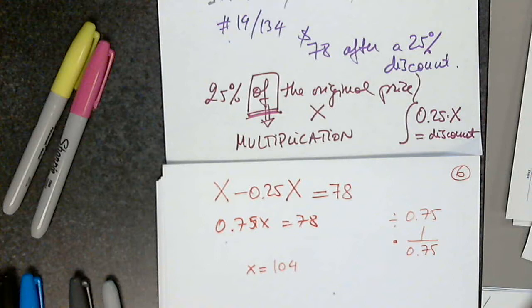Okay, I have my calculator already set up, so I can do this. 104 minus 104 multiplied by the discount. And if the answer is not 78, then I know something is wrong. Any questions on this?